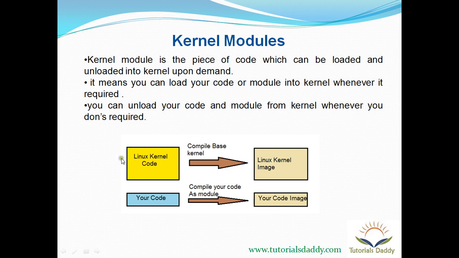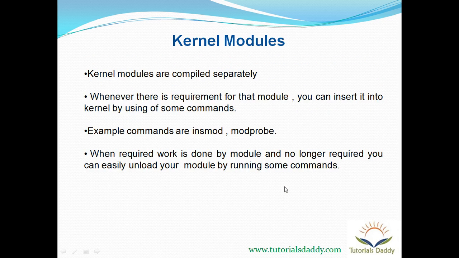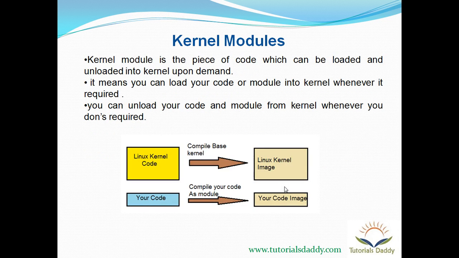So this is the Linux kernel code, and this is your code, meaning your module. You compile your Linux kernel separately, and it gives you a Linux kernel image that doesn't include your code image. When you compile your code independently as a module, you get your code image. After the kernel module is compiled, you can flash it onto your target device and boot your device.